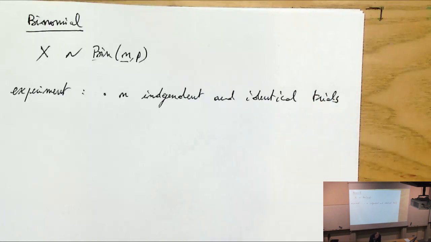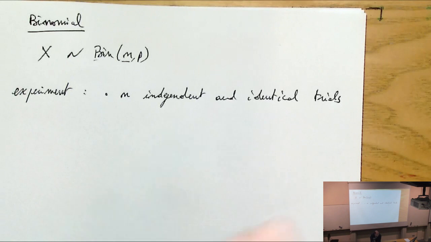For instance, I toss a coin, and I do this n times. Each trial is independent and identical. I don't change the coin, and I don't change the probability of having a head.